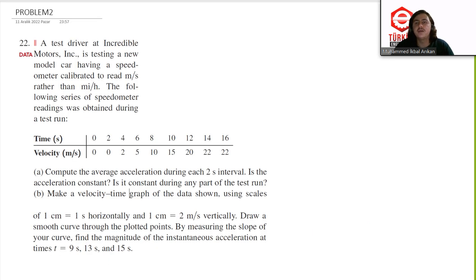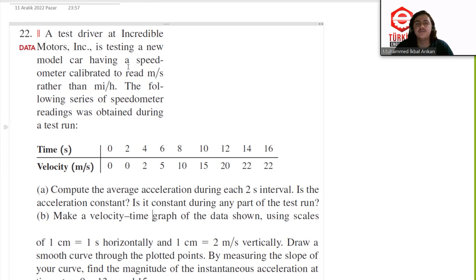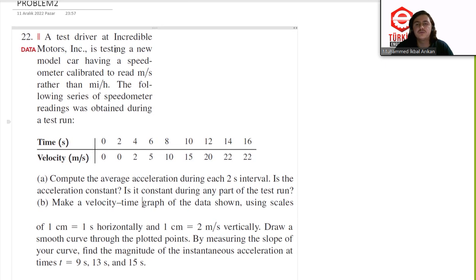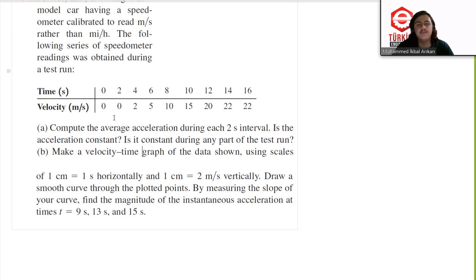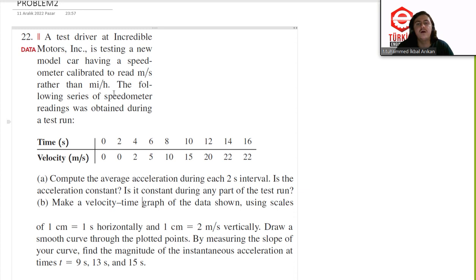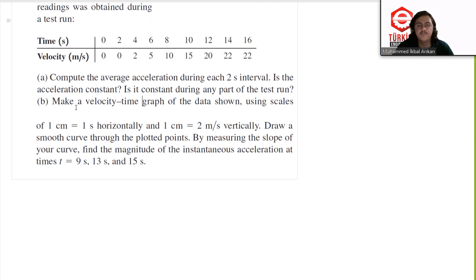So in this part we have a test driver in Incredible Motors, testing a new model car having a speedometer calibrated to read meter per second rather than mile per hour. The following series of speedometer readings was obtained during a test run. At each time I know my velocity, and I got these values from my speedometer.